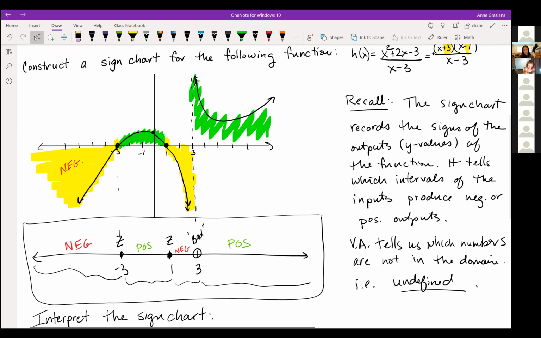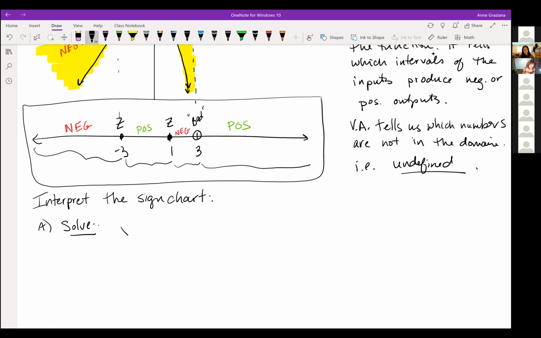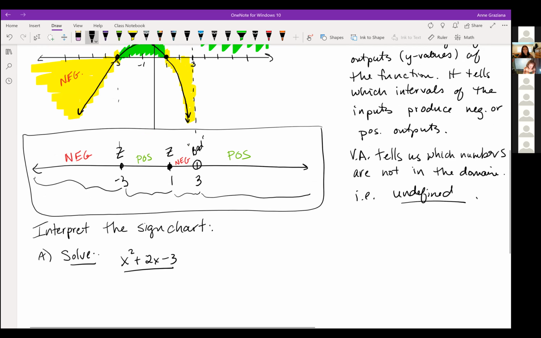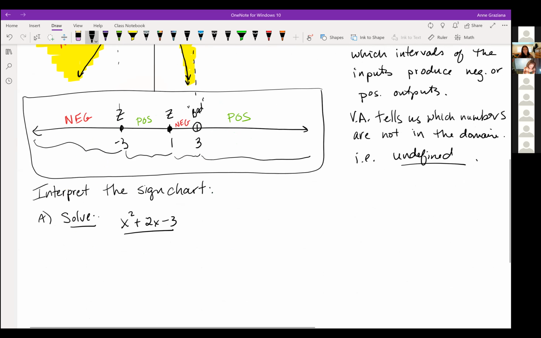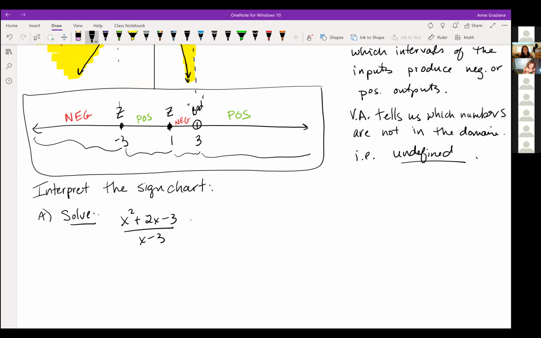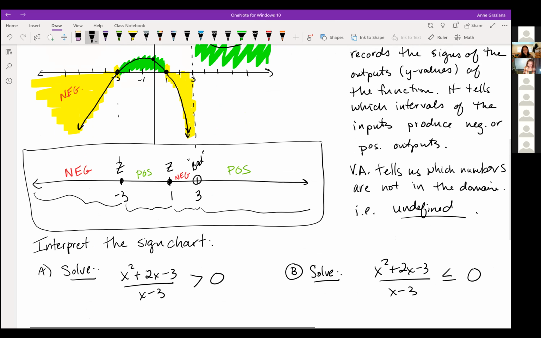You guys probably like that better. (x squared plus 2x minus 3) over (x minus 3). This is the function. Tell me where this is greater than 0. And part B, I would want to know where the function is less than or equal to 0. So take a minute on your own and see if you can record those intervals correctly.